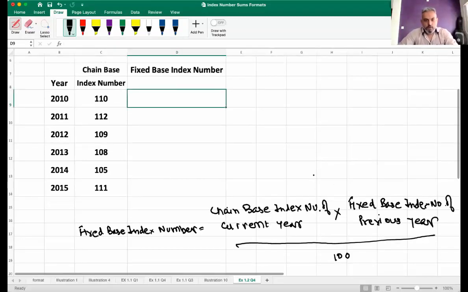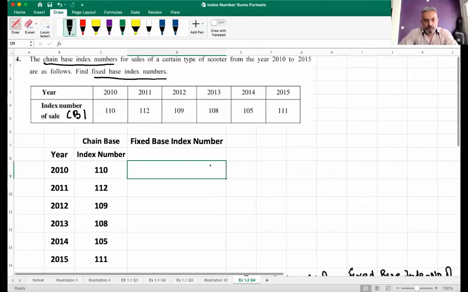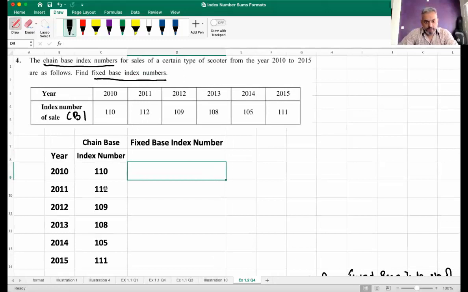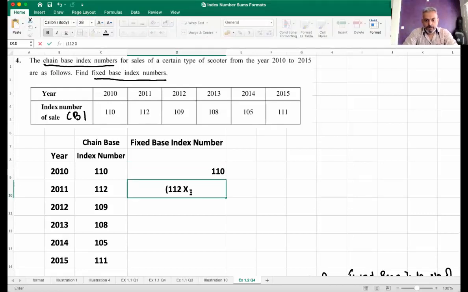So let's come over here. For the first year, it is going to remain the same. So initial year 110, 110. No change over here. Now for the subsequent year, 112 into 110 divided by 100 is equal to 123.20.